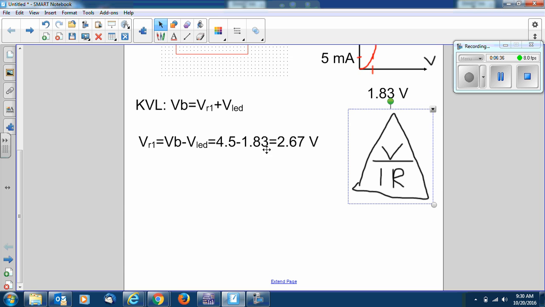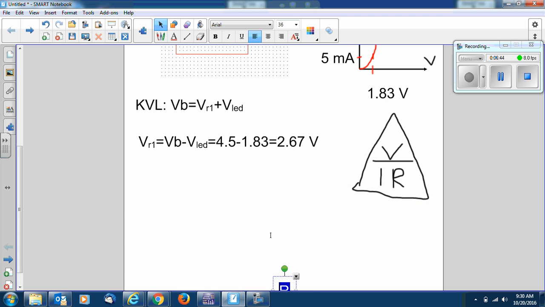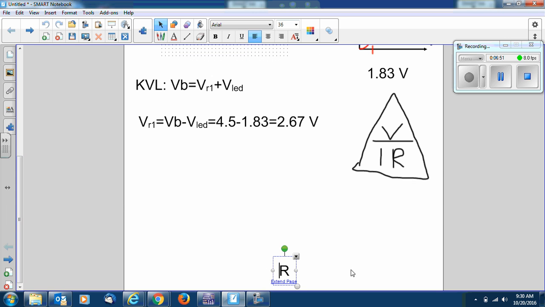All right, so now that we have the voltage drop and we have the current, we can finally find the resistance. First, I'm always going to write down my formula, because the formula is important, and I'm going to write down the formula I'm actually going to use.